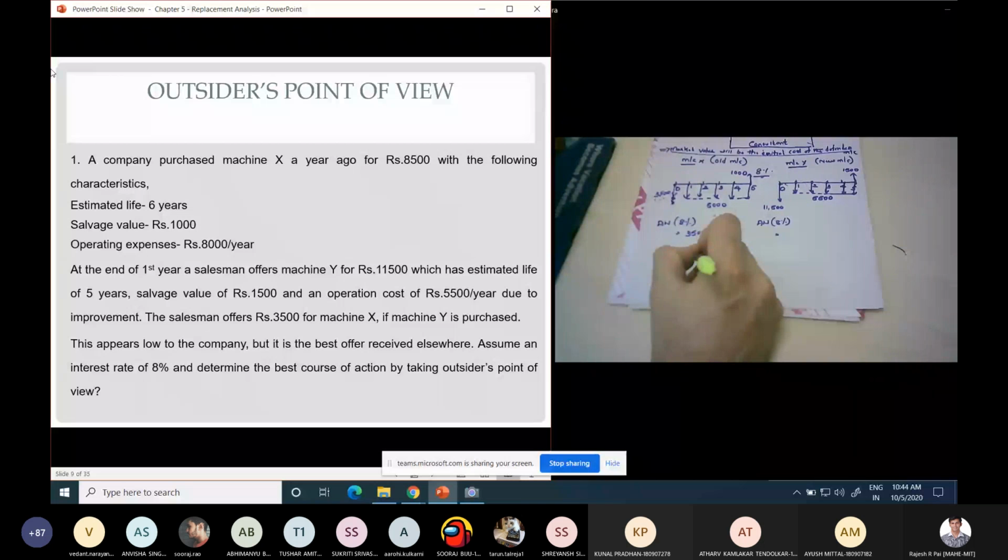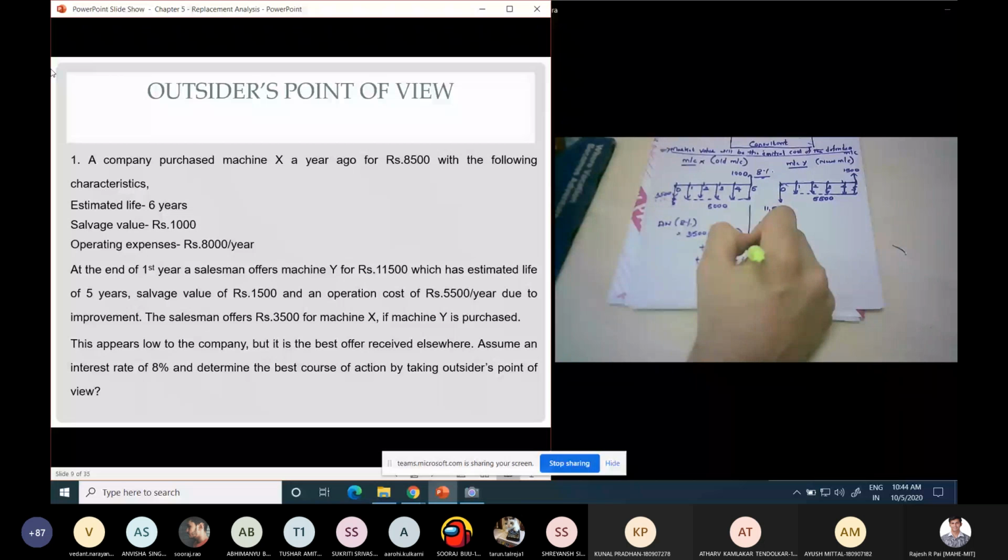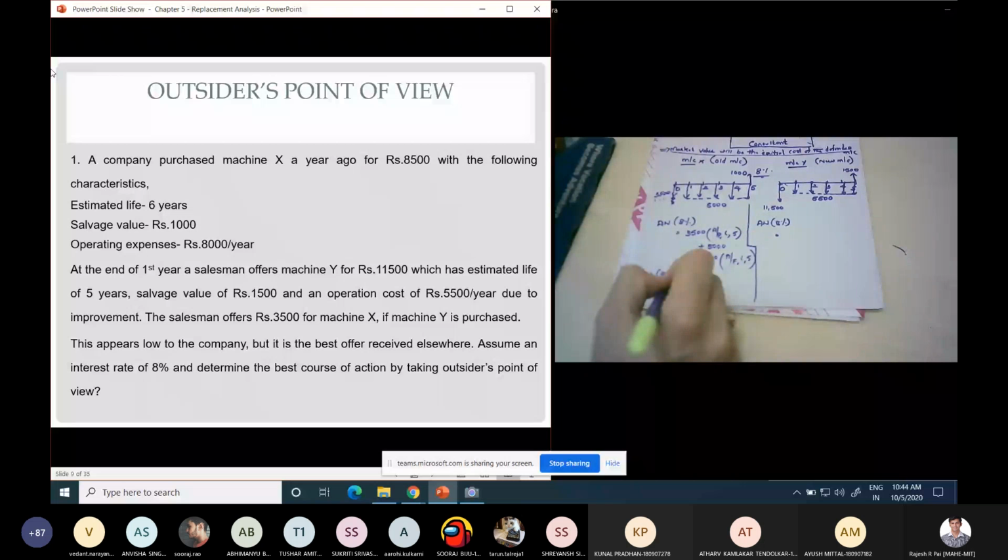Then you have the salvage value of 1,000 into A by F, interest rate, for a period of 5. So this is the annual worth for the existing machine.